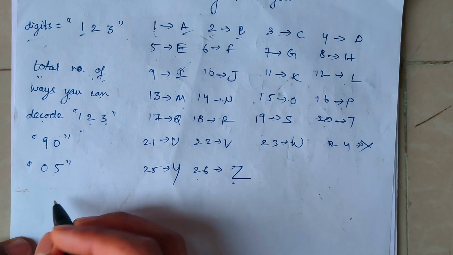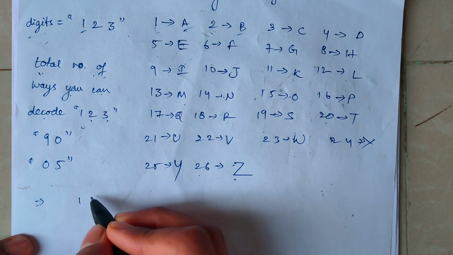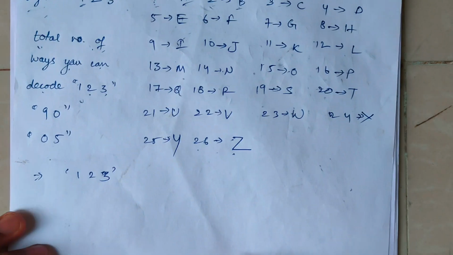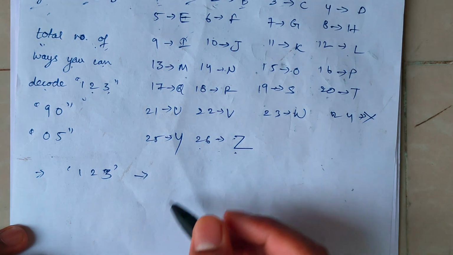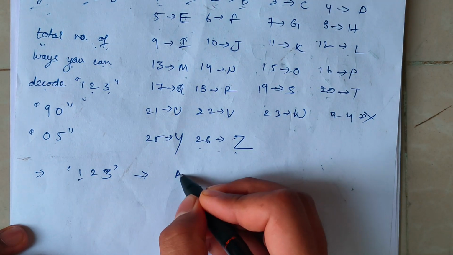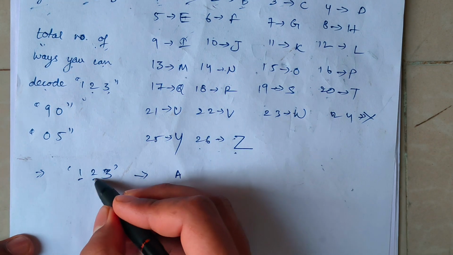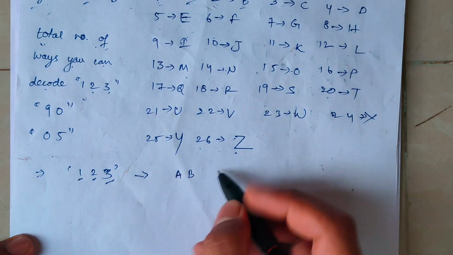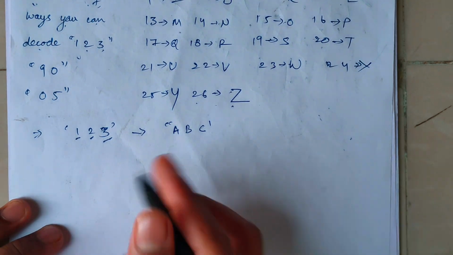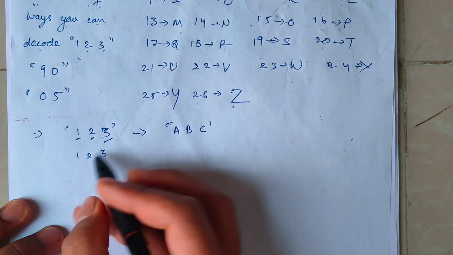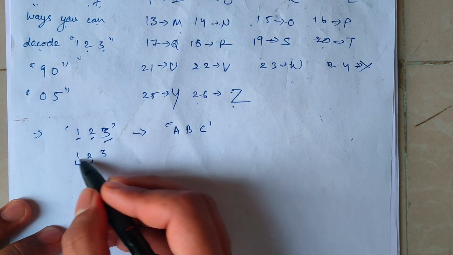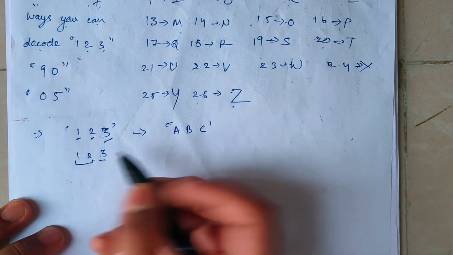Like here, if we are having 123, the first way we can decode it is 1 is mapped to A, 2 to B, and 3 to C. This is a way, and another way could be we can take 12 together, and 3 separately.